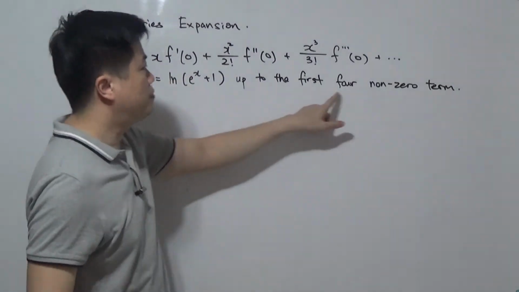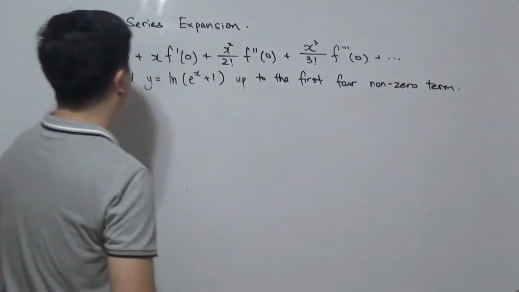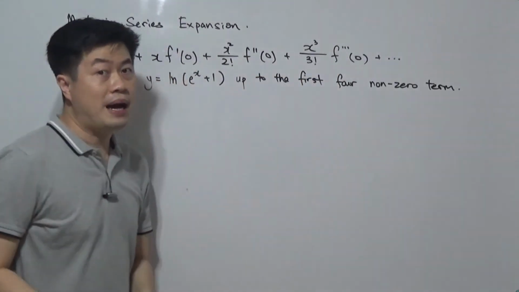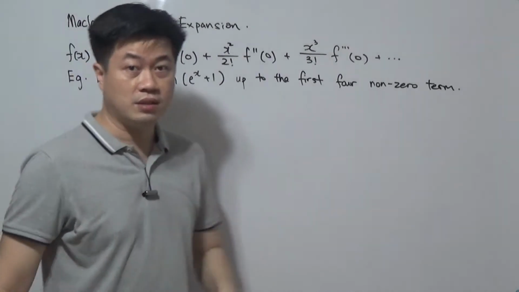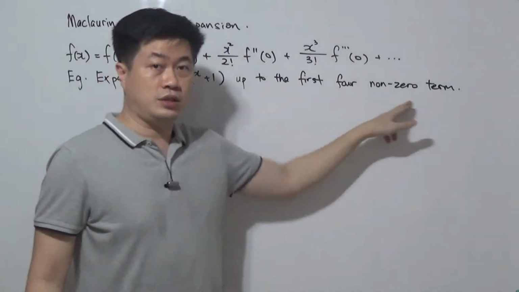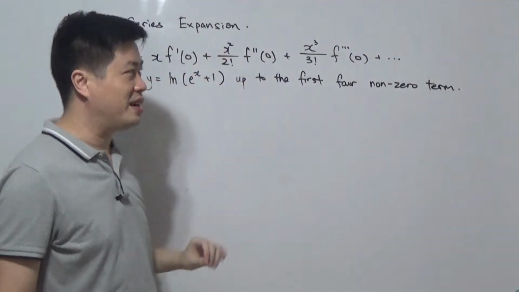Now, for the first four non-zero terms, usually it would mean these four terms, 1, 2, 3, 4. But usually there is a twist with this kind of question. So here is a tip and trick for you. When you see non-zero, be careful.